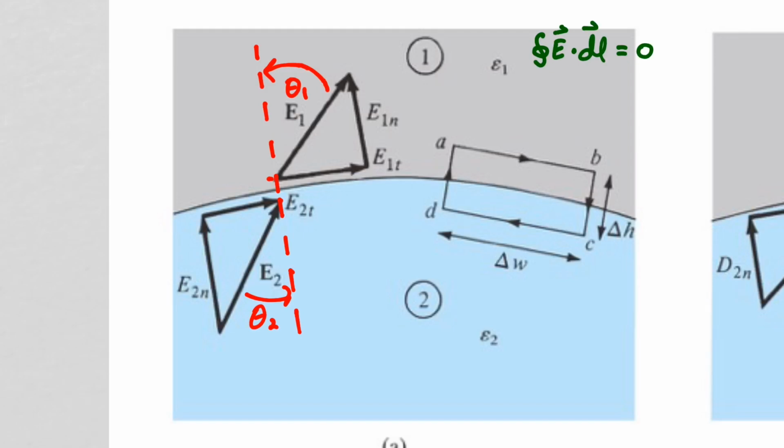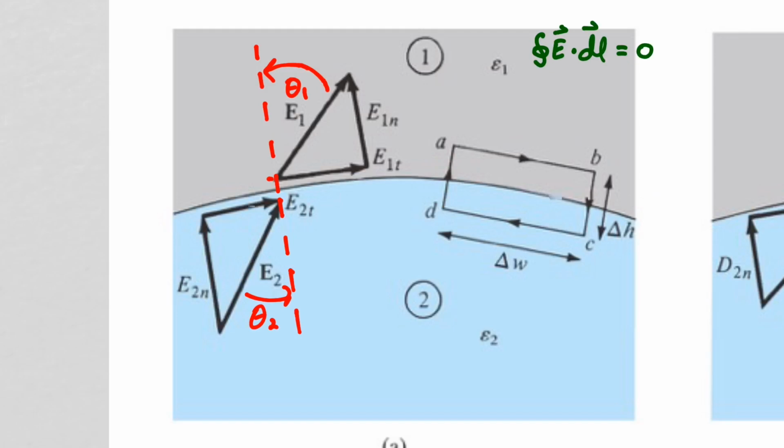The first Maxwell equation we will apply is the conservative nature of the electric field intensity, and we will see that will give us the relationship between the tangential components of the electric field intensity. For our path of integration, we're going to select a rectangle where two sides are parallel to the interface and the other two sides are normal to the interface.